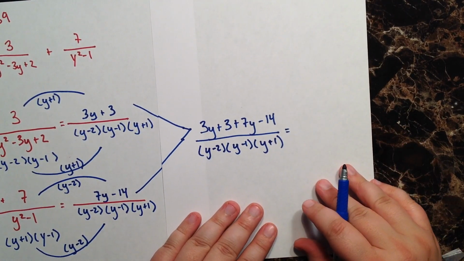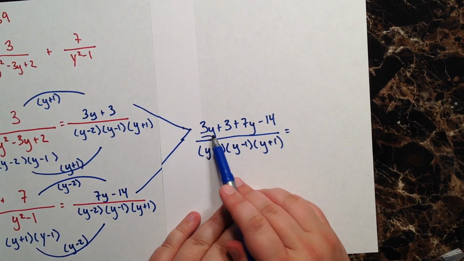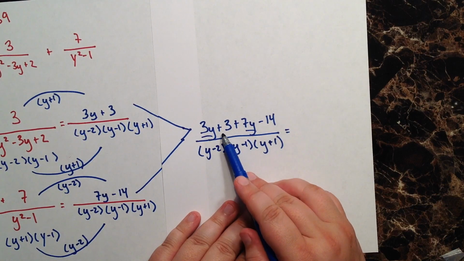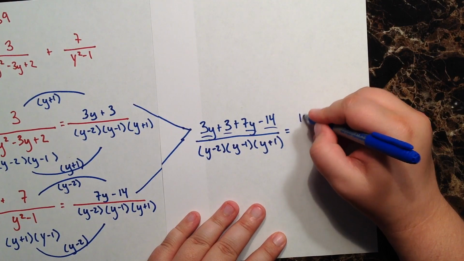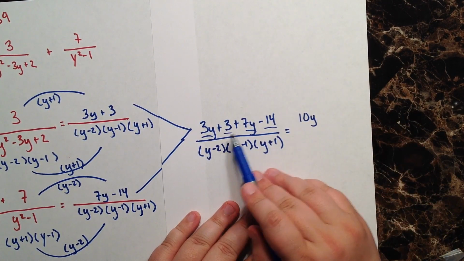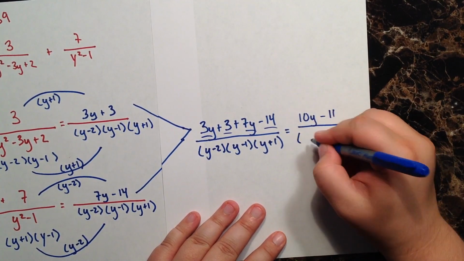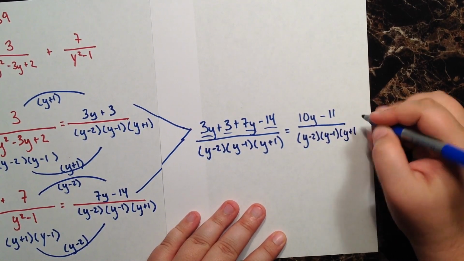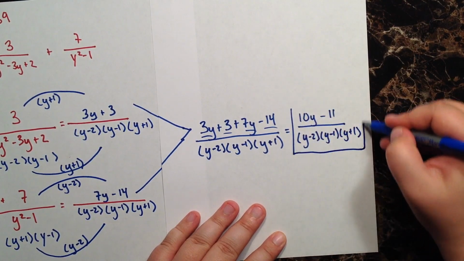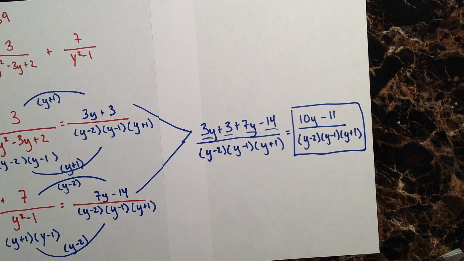And when I do that, I see that I can combine some like terms in my numerator, 3y and 7y, and positive 3 minus 14. So 3y plus 7y, well, that gives me 10y, and positive 3 minus 14 gives me negative 11 over my common denominator of y minus 2, y minus 1, and y plus 1. And there you have our simplified expression, 10y minus 11 over our common denominator of y minus 2, y minus 1, y plus 1.